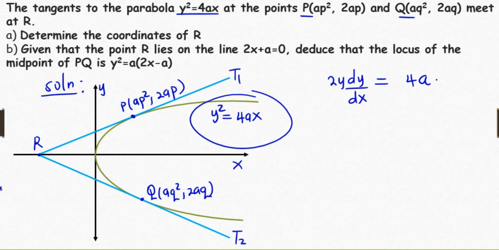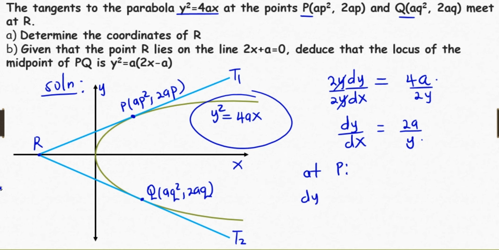Okay, so we divide both sides by 2y, and our dy/dx is equal to 2a over y. Okay, now at point P, we say dy/dx is equal to 2a divided by y, where we substitute 2ap.